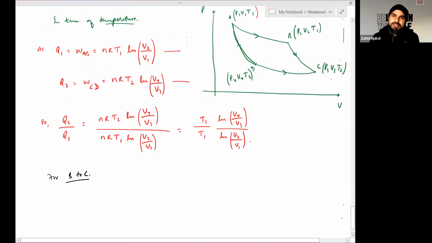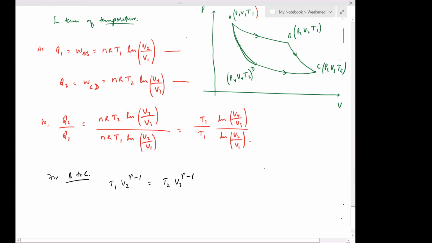Since this particular process is adiabatic, and for adiabatic I had defined the equation of state in terms of temperature and volume, it was T V to the power gamma minus 1 equals constant. So let's say for B, take it as first: T1 V2 to the power gamma minus 1 equals T2 V3 to the power gamma minus 1. Mamuna, is it clear?